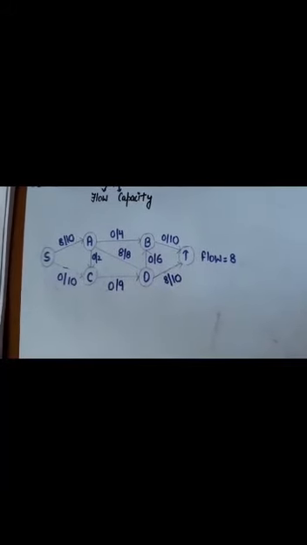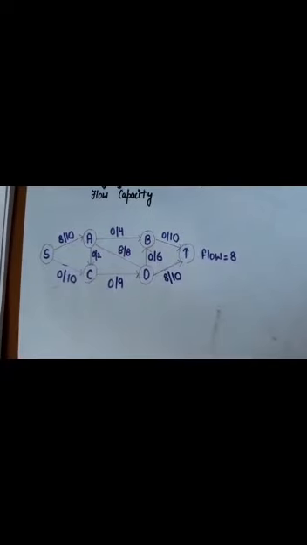It cannot be considered again because its capacity is equal to its flow. The DT edge is having a flow of 8, but it has a capacity of 2 left because its capacity was 10 and 8 units of flow have passed, so it will have 2 to be considered next time, right?